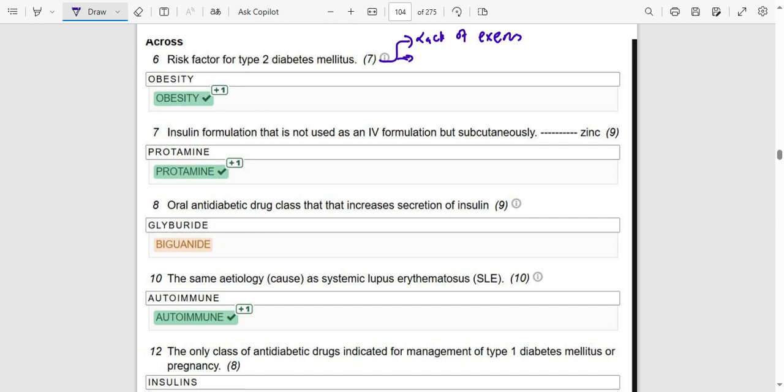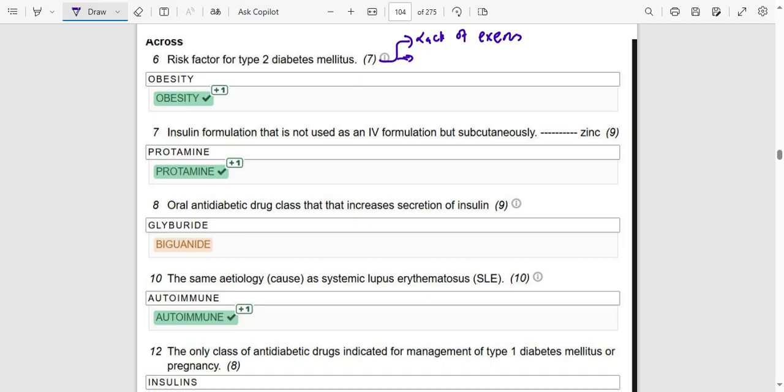Okay. Insulin formulation that is not used as an IV but subcut: protamine. I want to ask on this one, what class of drug is protamine? Anyone that knows the class of drug protamine is? Okay, since it's a revision, yes, please you can.